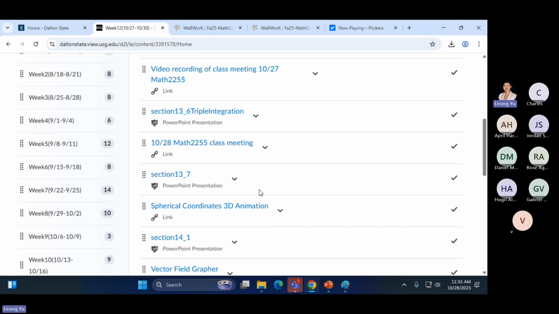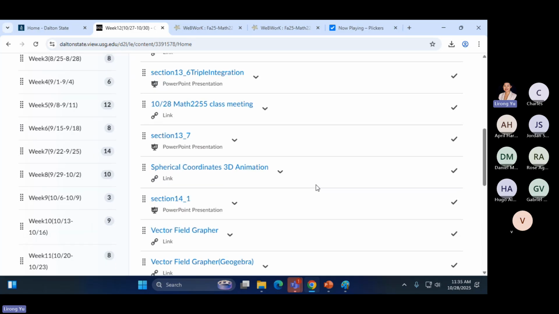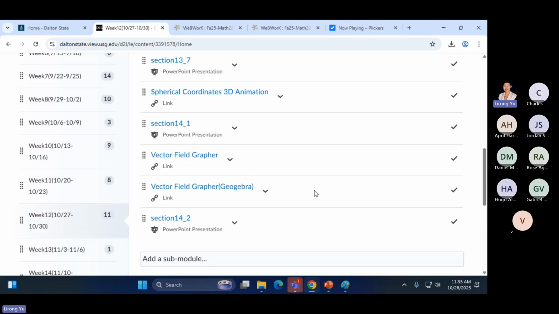You can see chapter 13 pretty much is all about integration methods. There's double integrals and there's triple integrals, multivariable integration. So if we finish the homework for chapter 13, we're ready for the test. This will be test 4 now.